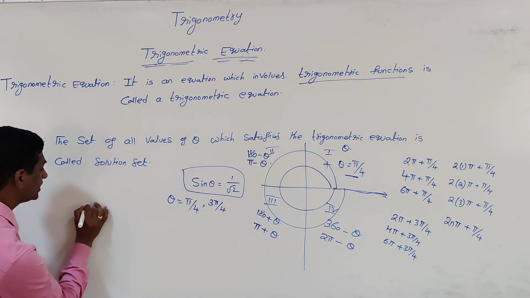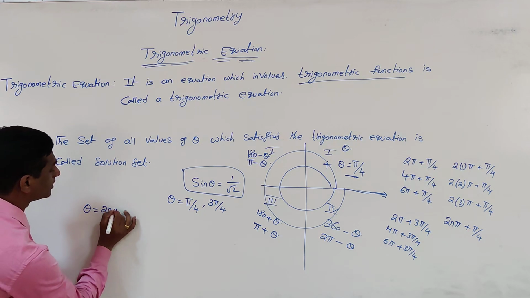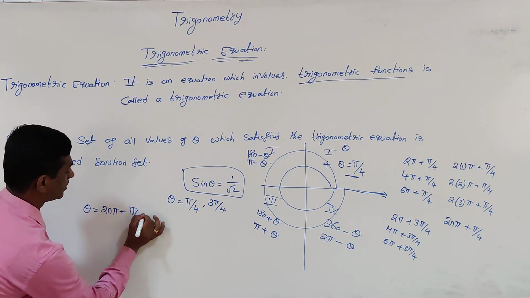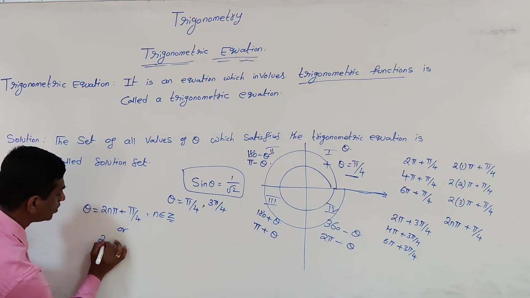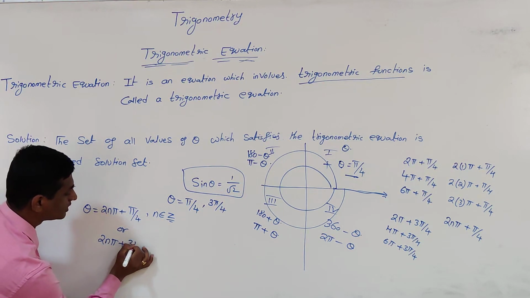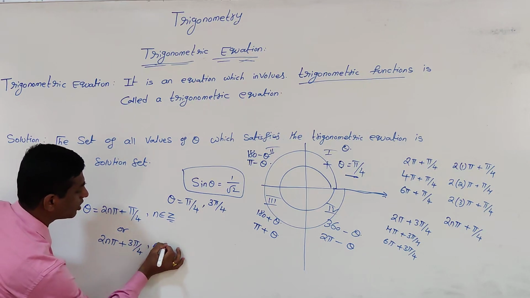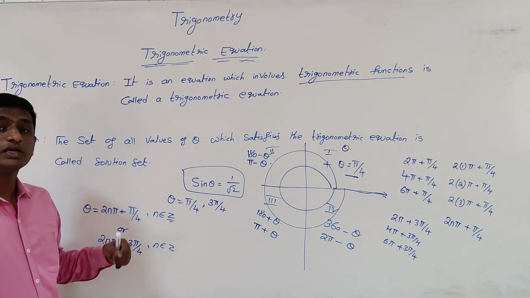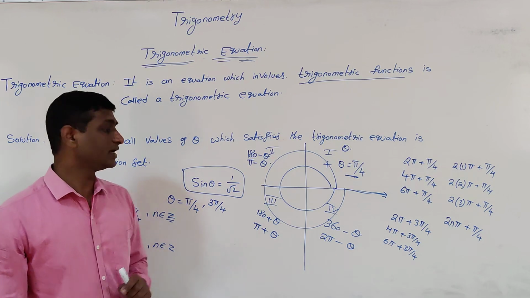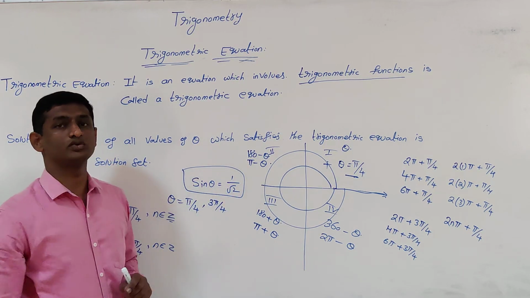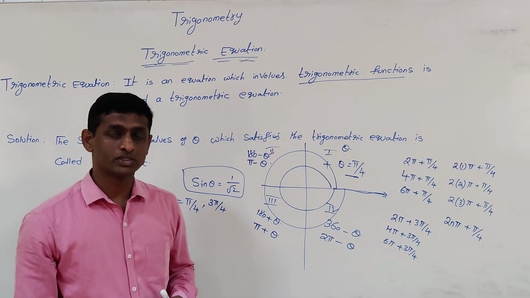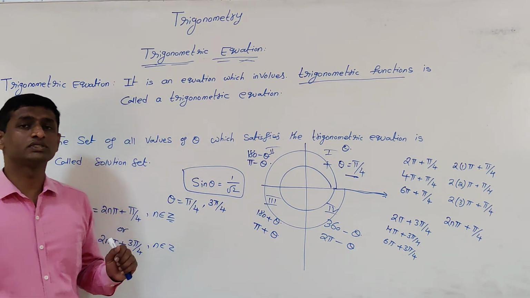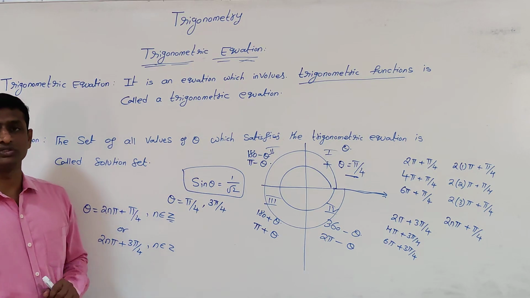Means theta equal to 2n pi plus pi by 4, where n belongs to integers, or 2n pi plus 3 pi by 4, where n belongs to Z, are the solutions for the trigonometric equation sin theta is equal to 1 by root 2. That infinite number of solutions are called general solutions.